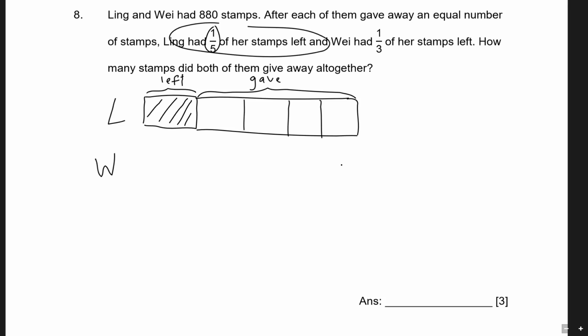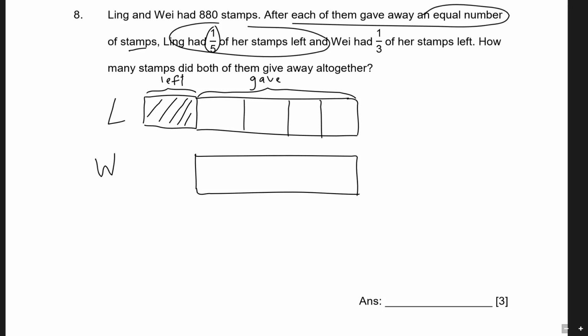What about Wei? Wei is going to have 1/3 left. Now, we don't know how big these 3 units are going to be because Wei and Ling's units may not be the same. But we know that each of them has given out an equal number of stamps, meaning that what Wei has given out should be the same size as what Ling had. Same size.